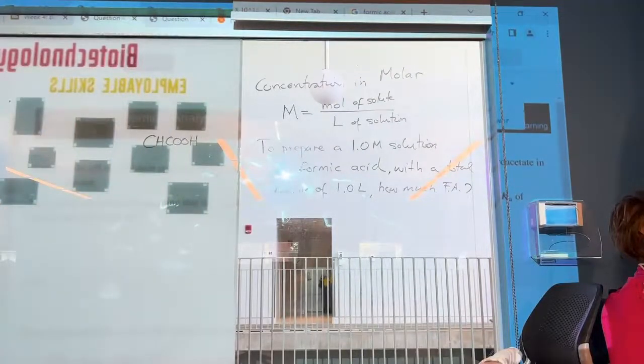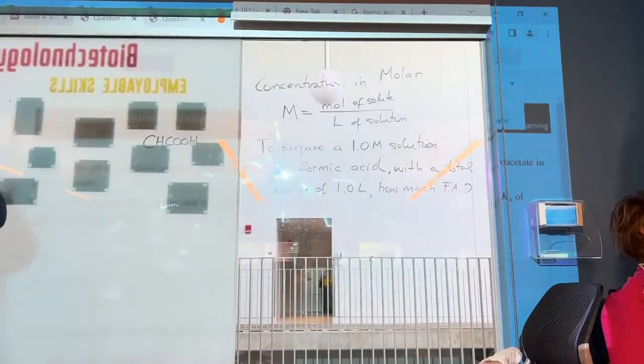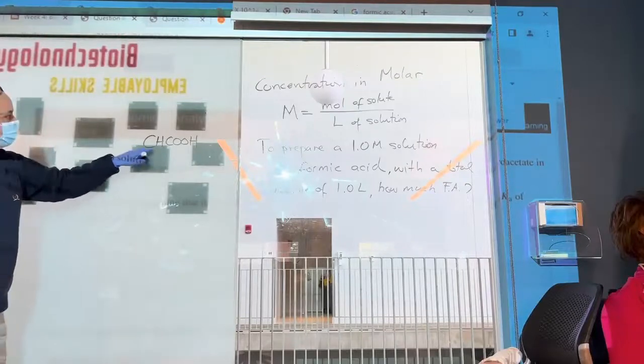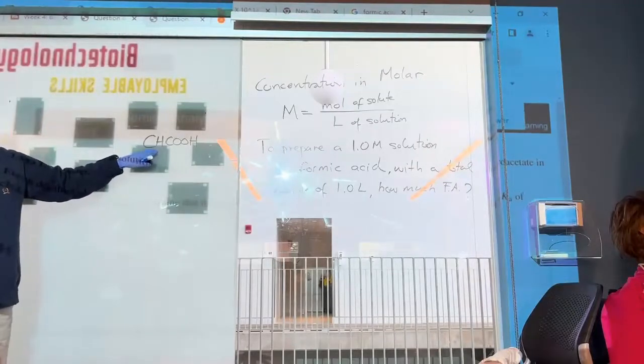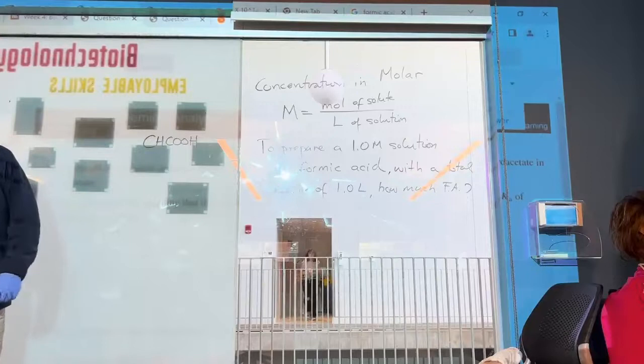So if you remember, the molar mass of any substance is its weight in grams per mole of that substance. So roughly speaking, you guys remember the atomic mass of carbon? What's the atomic mass of carbon, roughly speaking? 12.